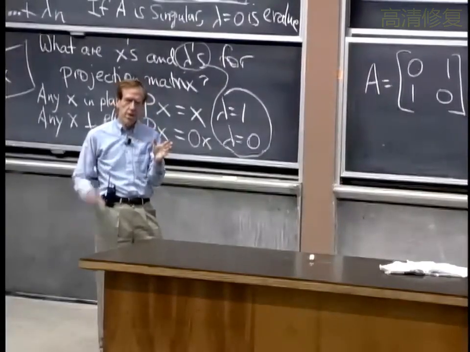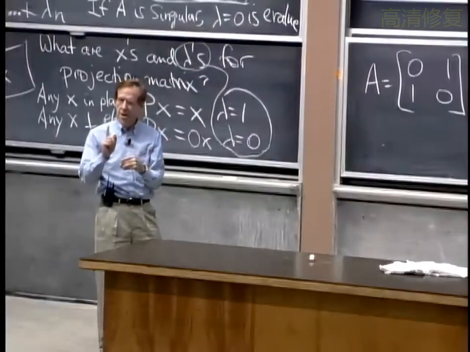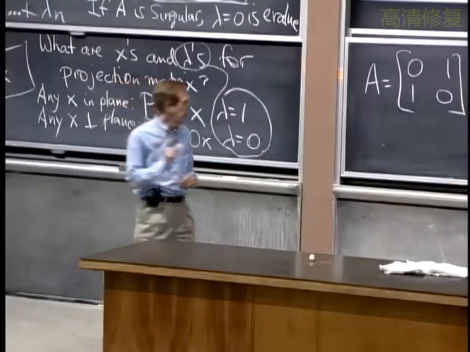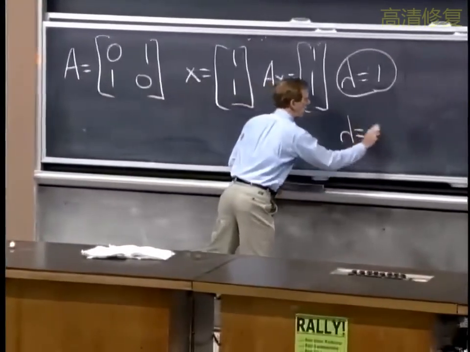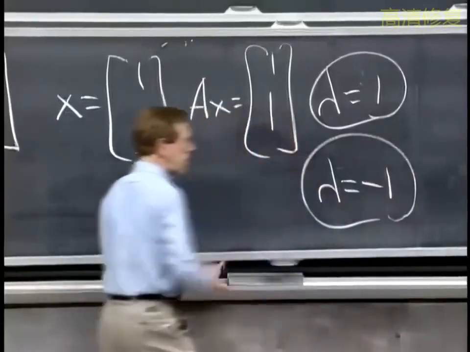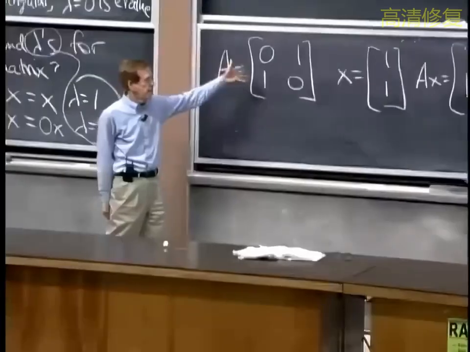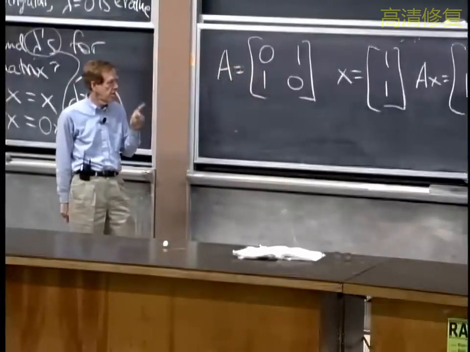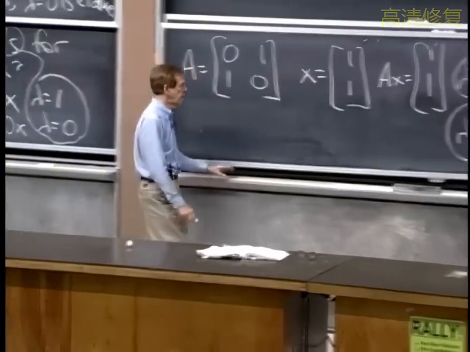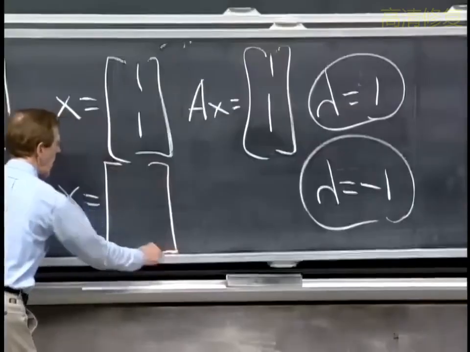The one I'm thinking of is going to be a vector that has eigenvalue -1. That's going to be my other eigenvalue for this matrix. Notice it's a nice non-negative matrix, but an eigenvalue is going to come out negative. And can you spot the x that will work for that?